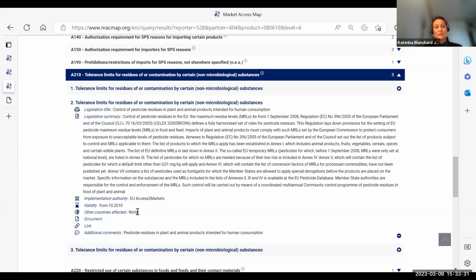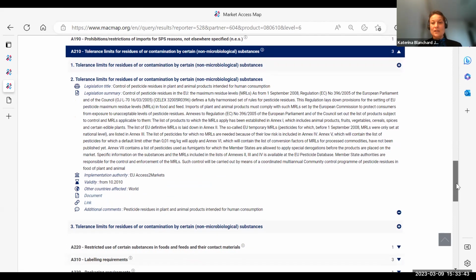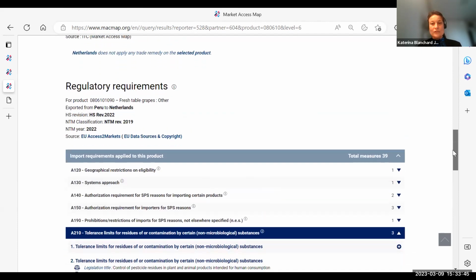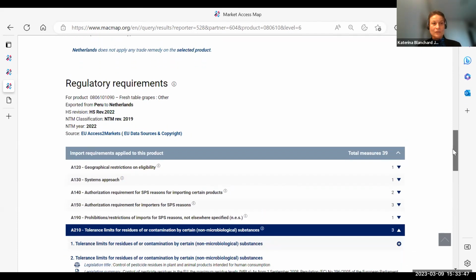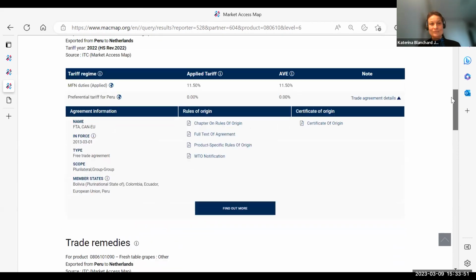We see that this measure is applied to imports from the whole world. And we can upload the document or have the link. So that is an easy way to find more information about the non-tariff measures, about regulatory requirements.